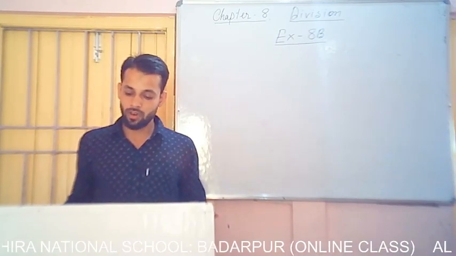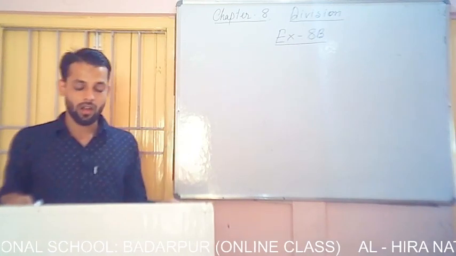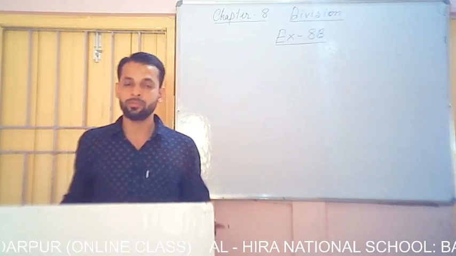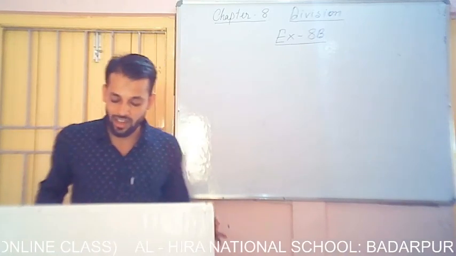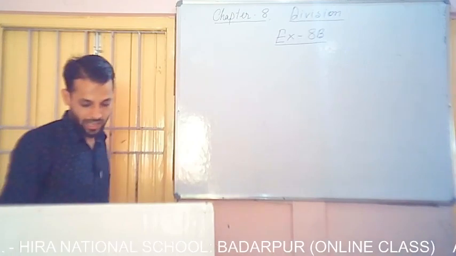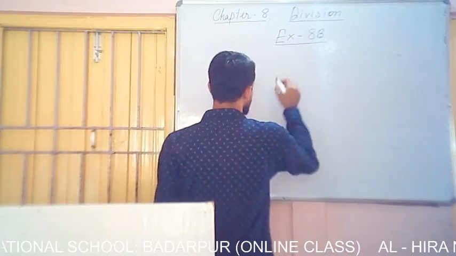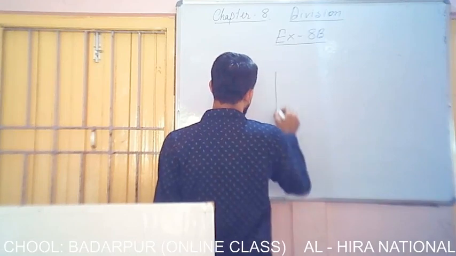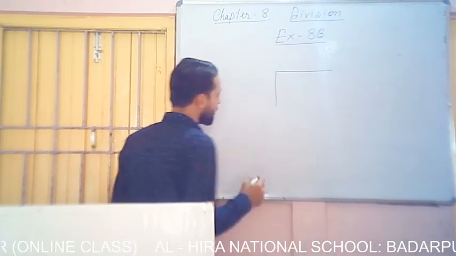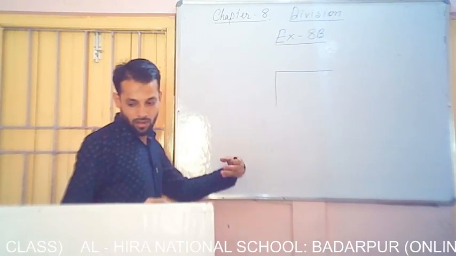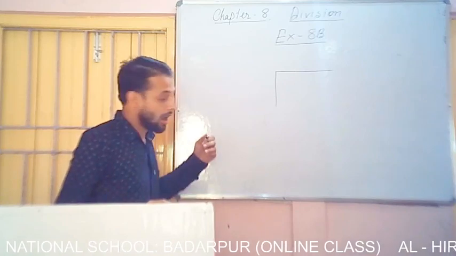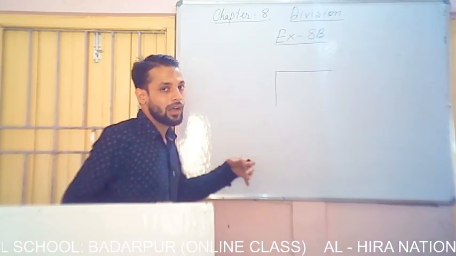So before starting the chapter, I would like to introduce you to the terms and words which are related to the chapter. Okay. So how we can solve the long division?